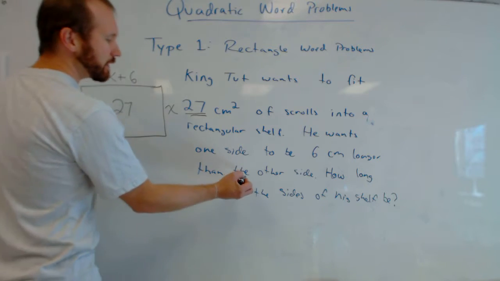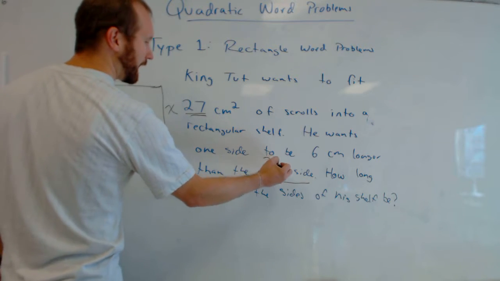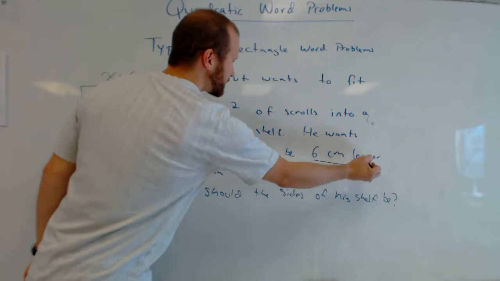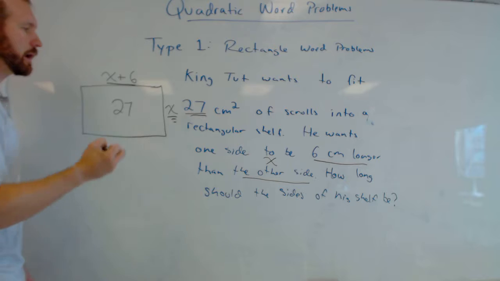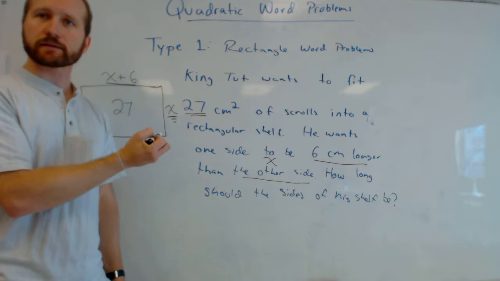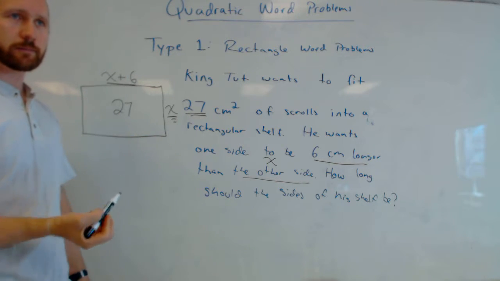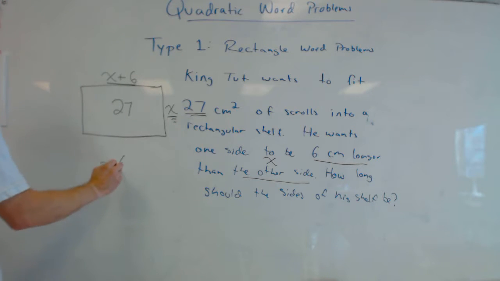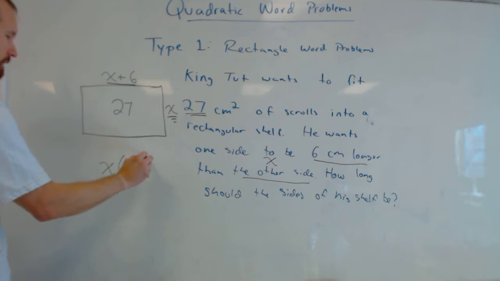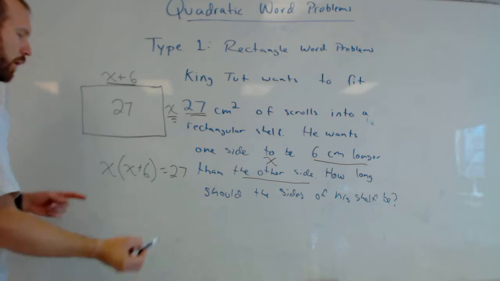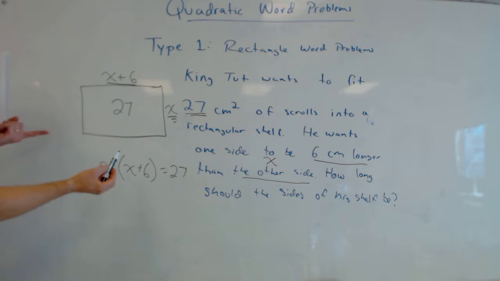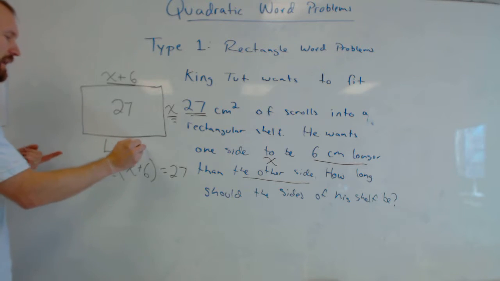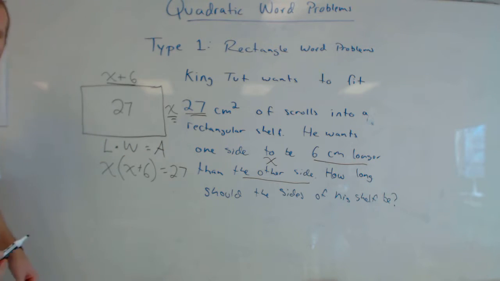So I started with the other side and made that x, and this side is 6 centimeters longer than x, so it's x plus 6. Then you write x times x plus 6 equals 27. Why? Because the area is multiplying the two sides: length times width equals area.